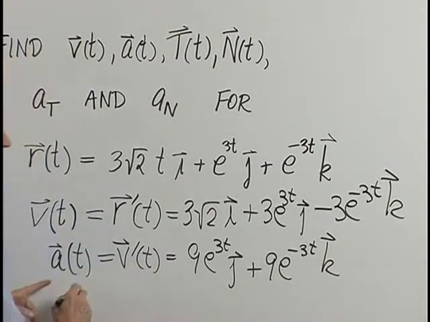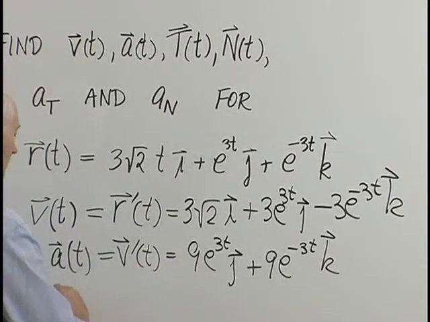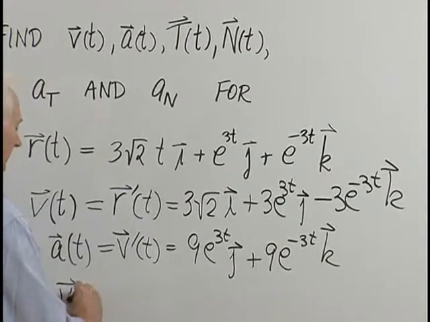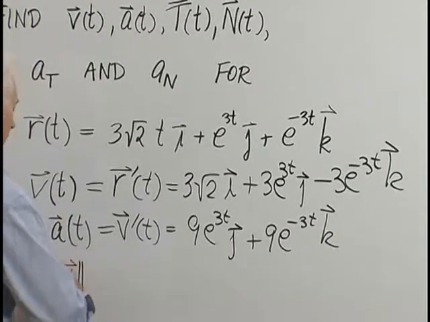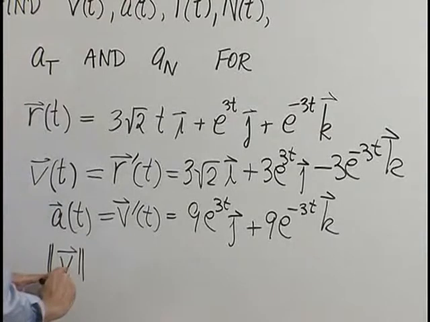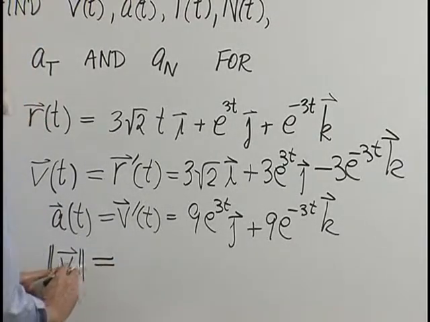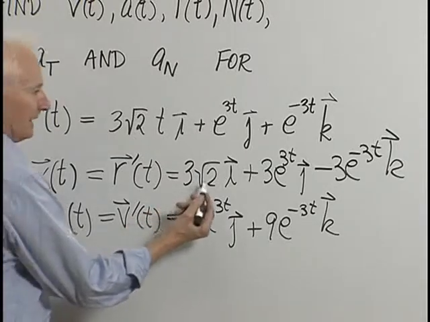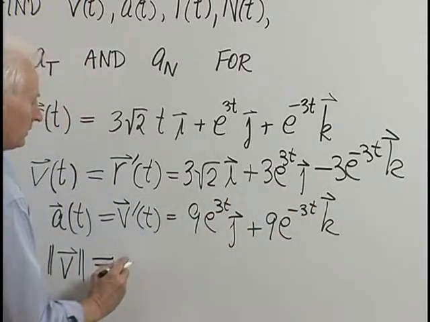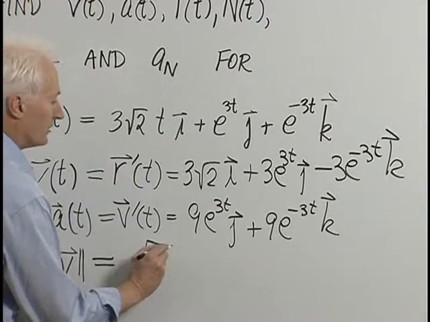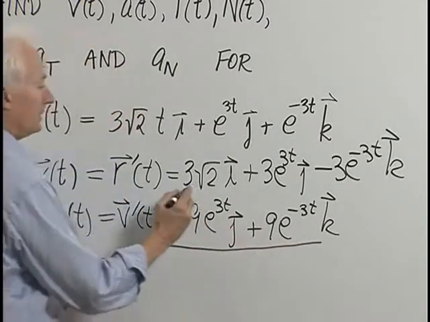Now the next thing we have to do is compute the length of the velocity vector, which I'll just simply denote length v for short. And so what's that? That's the length of this vector. Remember, the square root of the sum of the squares of the components.